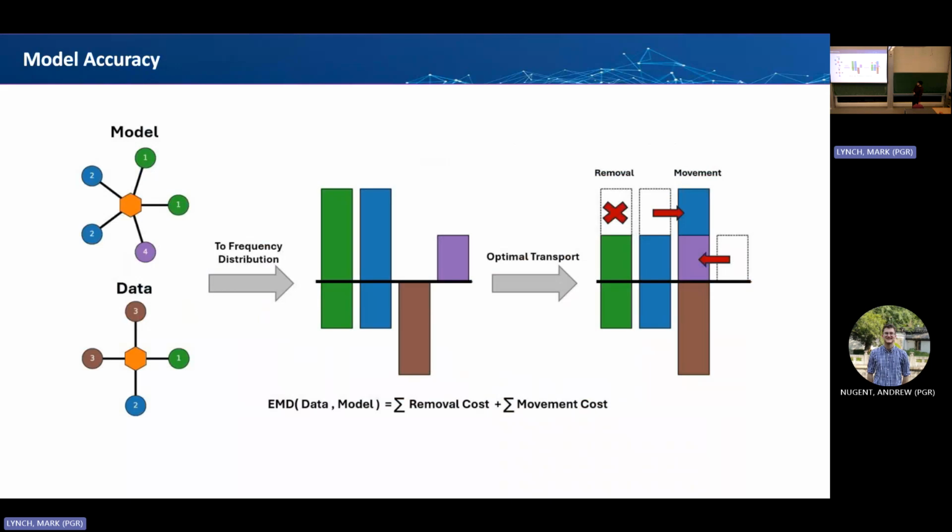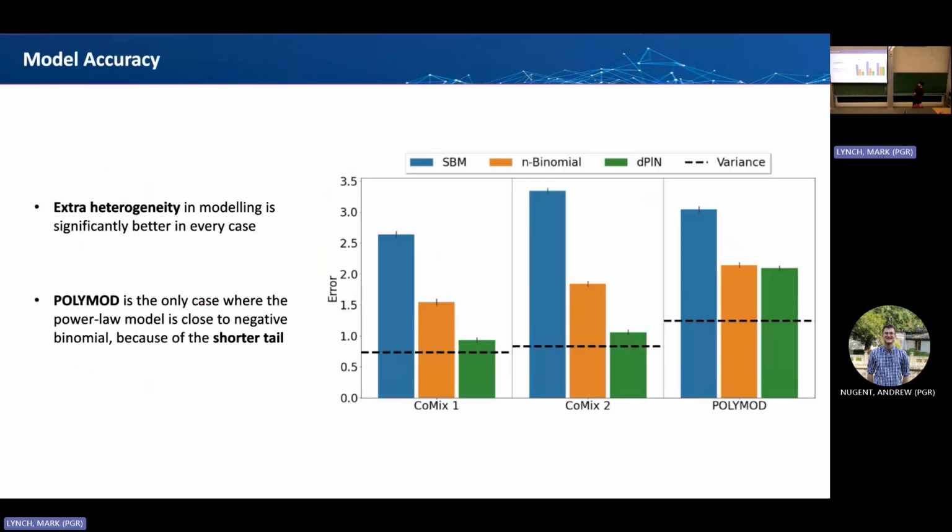If we think of each person as a distribution like this, so we have a person from the model and a person from the data, we can use optimal transport to look at the difference in their frequency distributions, and then calculate a cost of making one person into another person. Once we've done this, we do it for the stochastic block model, which is the best that's out there at the moment, and my model.